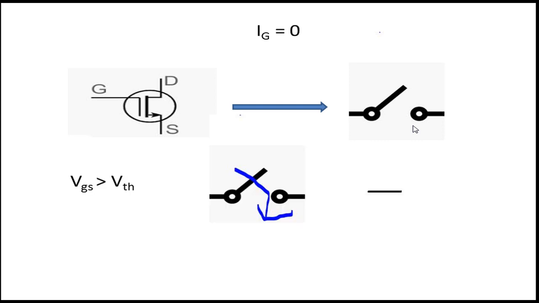One of them is if V of gate source is bigger than V of threshold, and the transistor would act as a wire or short circuit, and the other one is when the V of gate source is smaller than V of threshold and the transistor would be off or open circuit. So we have two states, one of them is on and the other is off, using one transistor or one switch.